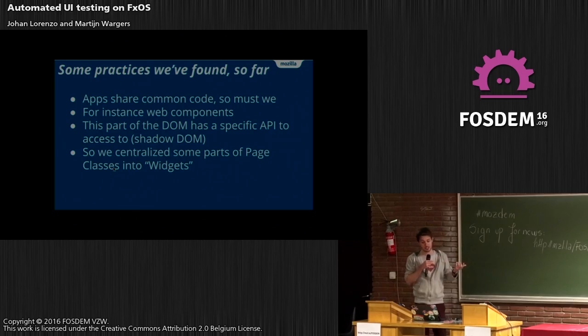So this exists, and we also started to centralize this part of the behavior, like it's done in the production code. In the production code, they use something called web components, which are custom HTML elements.